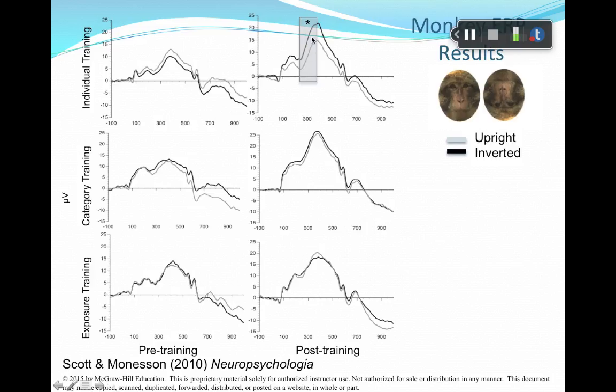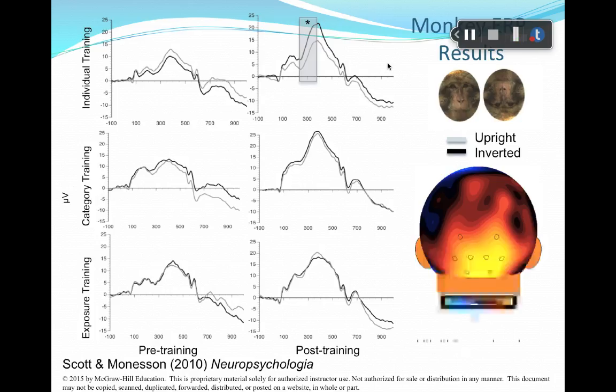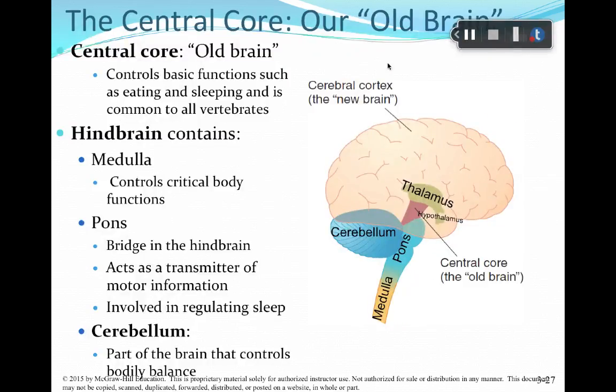So what you can see here is that there was a greater neural response to a monkey face that was upside down as compared to when the monkey face was right side up. And so this gives us a clue that these infants had a differential response to a certain visual stimulus.